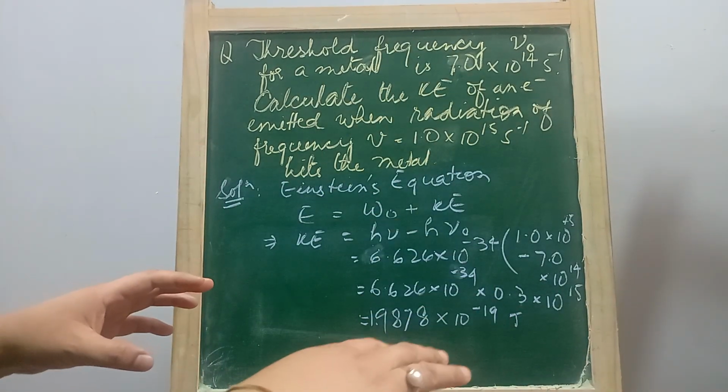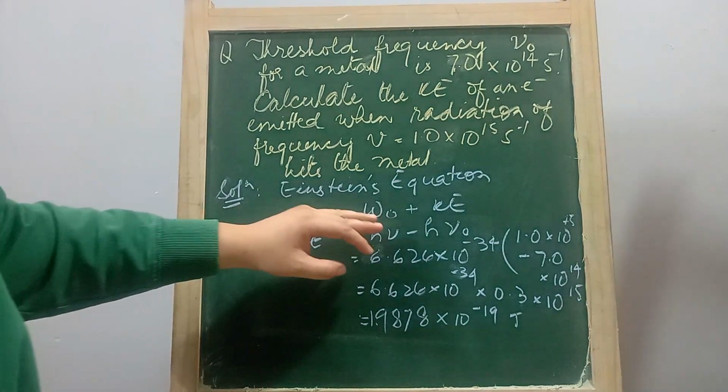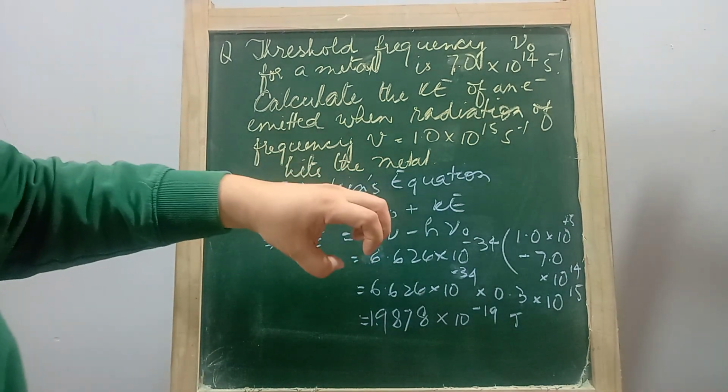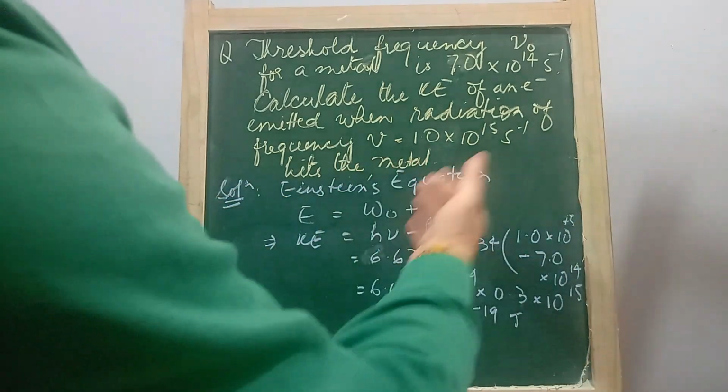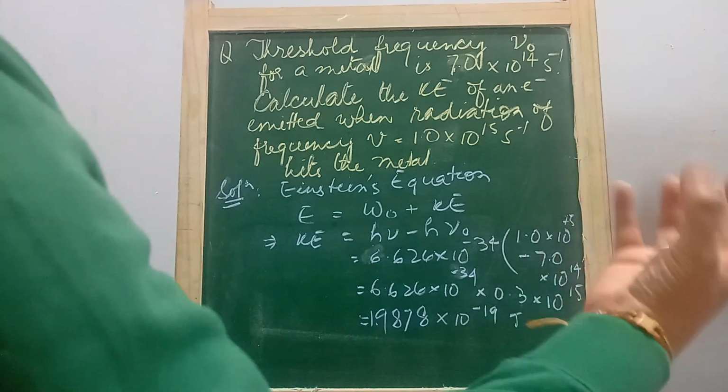So this is the concept, and some part of the energy will be required to just remove the electron, and the remaining energy of the photon will be seen as the kinetic energy of the electron.